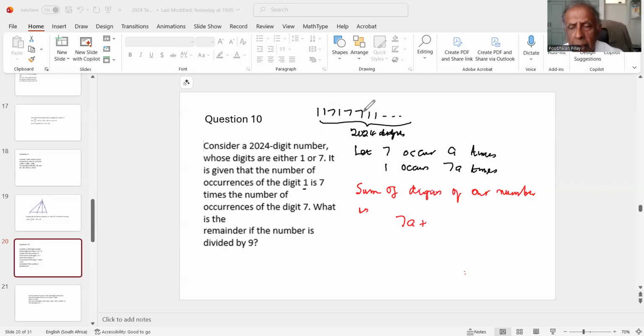And the only other digit that you've got in this number is ones. And how many have you got? You got 7a there also. This is actually 7a times 1, and this is 7 times a. So the answer is 14a.